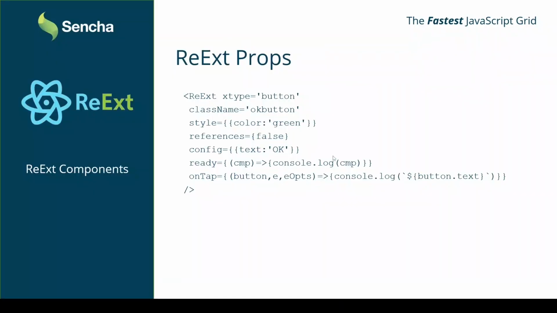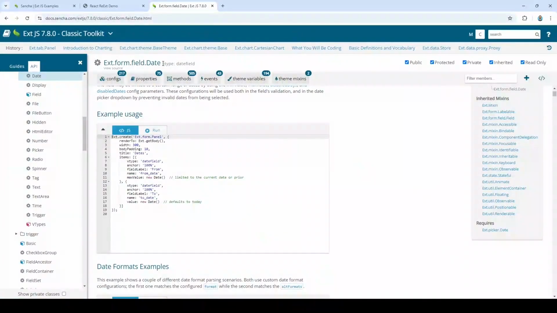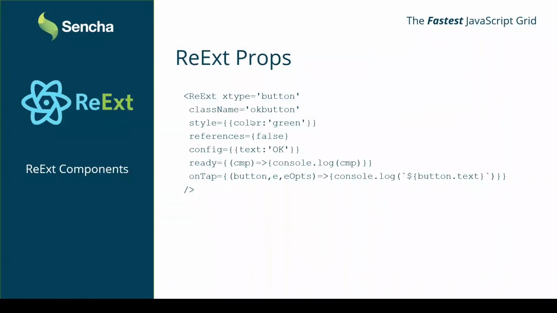Okay, let's first take a look at the ReExt component. This is our path to get the components from Sencha into React. So basically we use this component called ReExt. We specify an xtype, which comes from our documentation. If you look for any component here, you're going to have the xtype. And then you can add a class name for CSS styling.